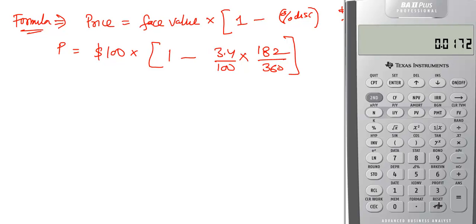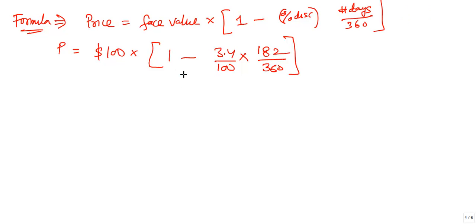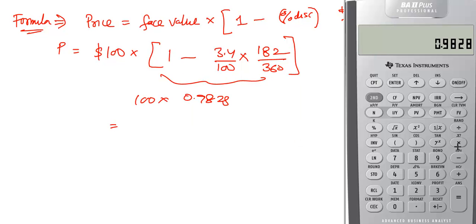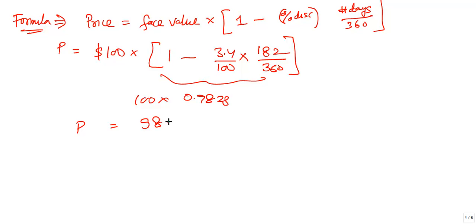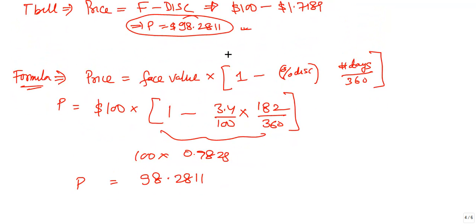We have to subtract this from 1, so it is 0.9828, and then we multiply by 100. We get the price as 98.2811, the same price which we saw from the previous approach.